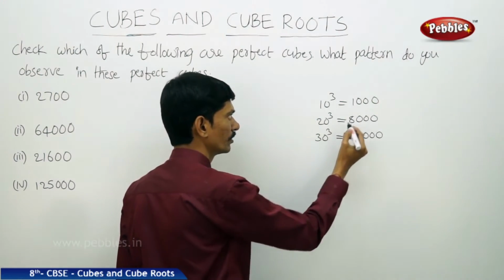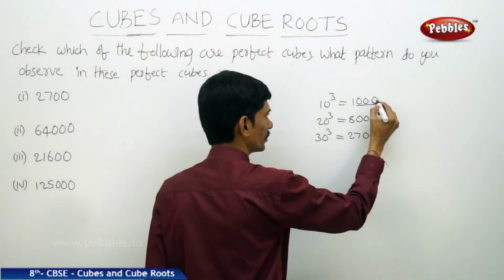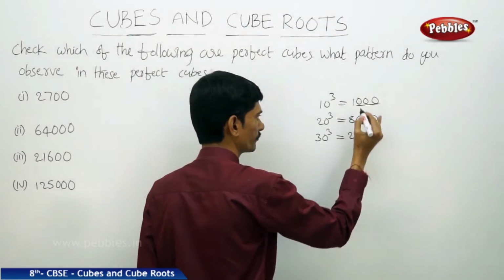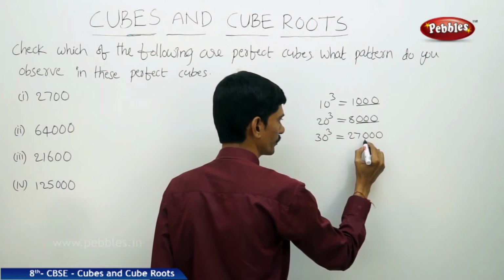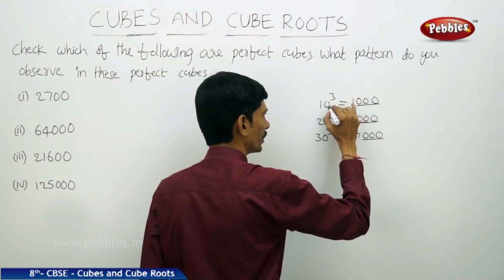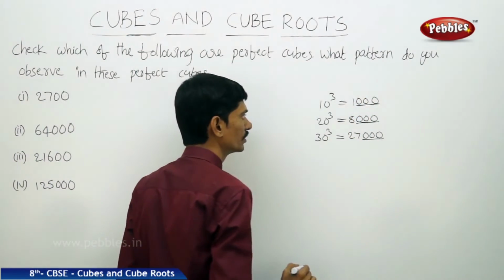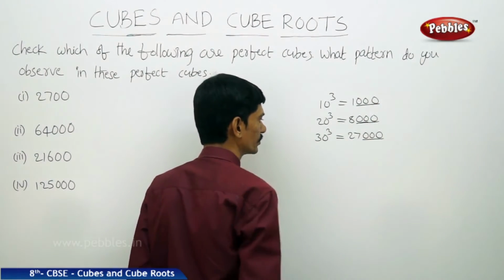When you observe the units places, there are 3 zeros from right to left. So the last places are 3 zeros. Here also the last places are 3 zeros. So when the given number ends with 0, then its cube ends with 3 zeros.